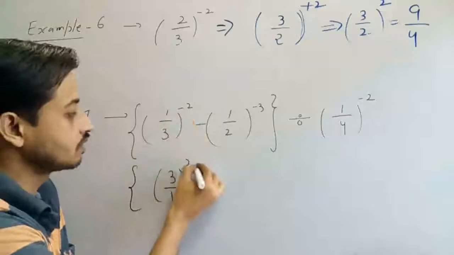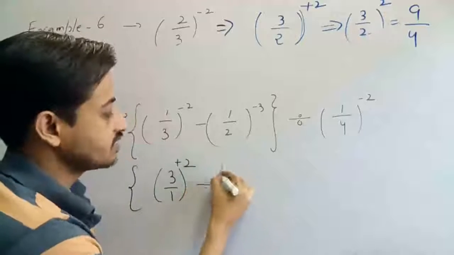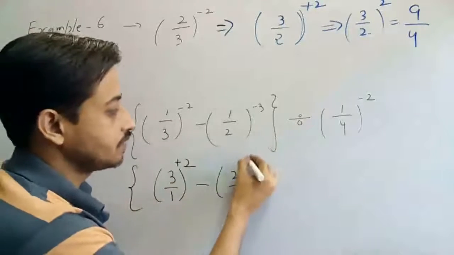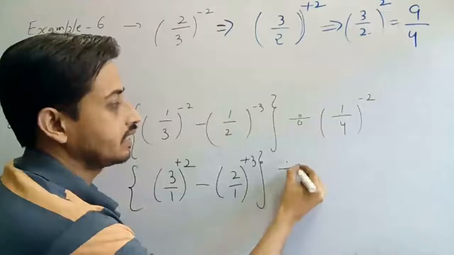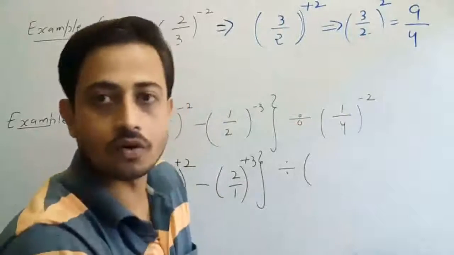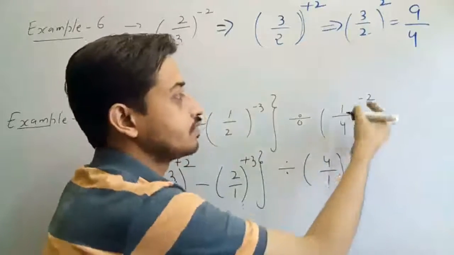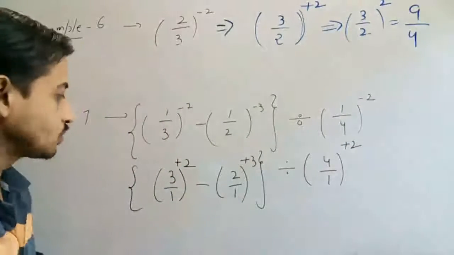Negative 2 becomes positive 2. Same here, I am doing reciprocal. 2 by 1. Again the power sign will be changed. It becomes positive 3. Same here, 1 by 4. Do reciprocal. 4 by 1. The sign will be changed. It becomes positive 2. Now you have to solve.